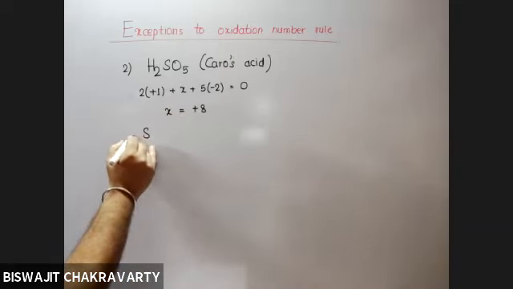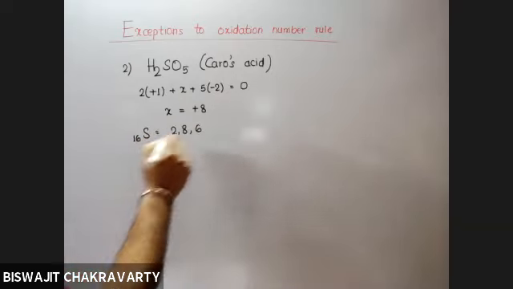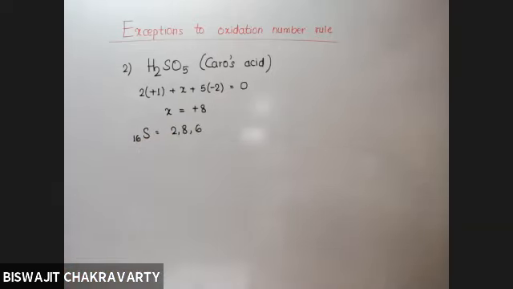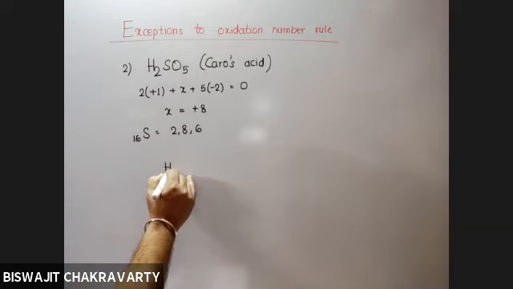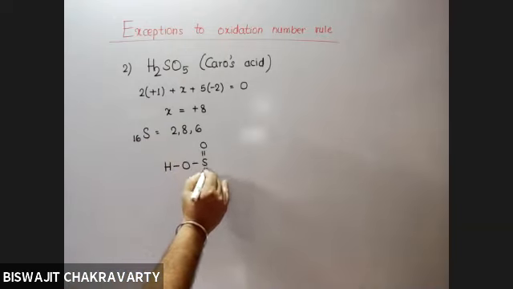But sulfur, whose atomic number is 16, is 2, 8, 6. What is the maximum oxidation number possible for sulfur? +6. It cannot go beyond +6, which means not all oxygen atoms are normal. Let us look at the structure of Caro's acid.